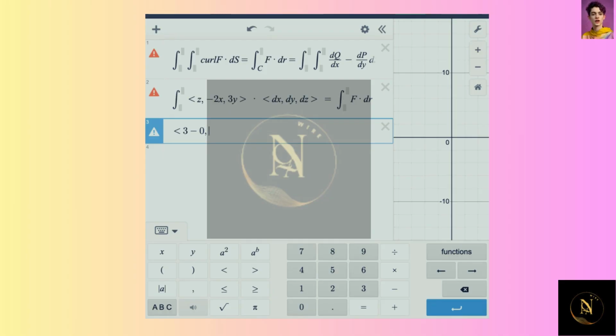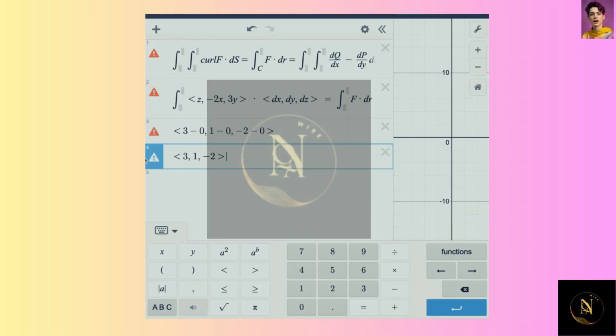Then we'll have the partial derivative of p with respect to z, which will be 1, and then minus the partial derivative of r with respect to x, which is 0. Then the partial derivative of q with respect to x is negative 2, minus the partial derivative of p with respect to y, which will just be 0. So with all this in mind, we see that the curl of F is going to be 3, 1, negative 2.